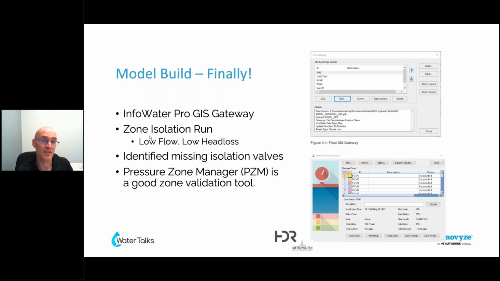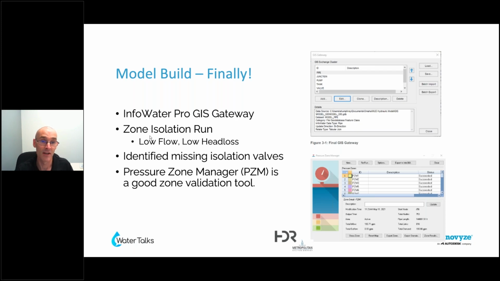So this is really nice because if you just start with the pressure zone manager, my last bullet here, it's a really good zone validation tool, but I think if you're starting from scratch with the pressure zone manager, sometimes it can't necessarily tell you where that water's sneaking through. So if you start with this isolation run and at least get yourself close, then you can flip over to that PZM at the end, and it's a great zone validation tool.